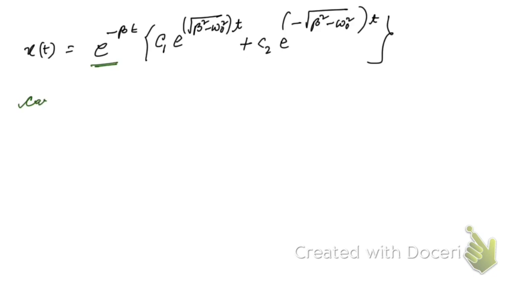Case 1: if beta is equal to 0, beta equal to 0 means there is no resistance. That means this term, which occurs due to damping, is absent. This is simple harmonic oscillation.